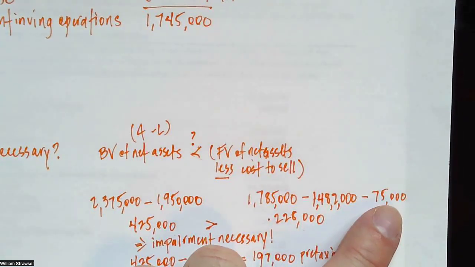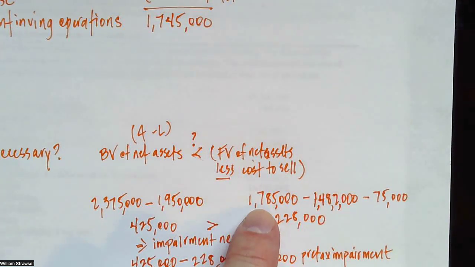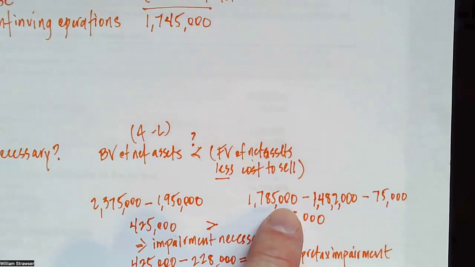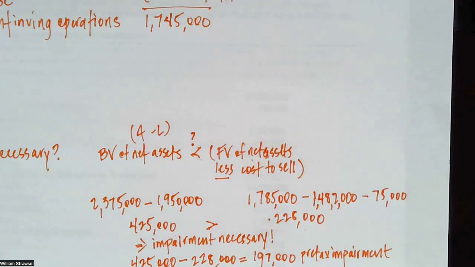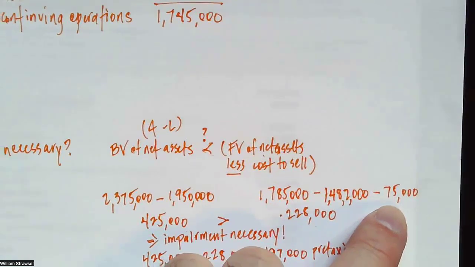The other thing is we want to subtract these costs to sell because if you think about trying to sell something, all right, you might estimate that the sell price of what I have here is $1,785,000 of assets, right? I could sell all my assets for that amount. But is that really what I'm going to realize from the sale? Well, it's not if I have cost to sell. And cost to sell can be a lot of things.